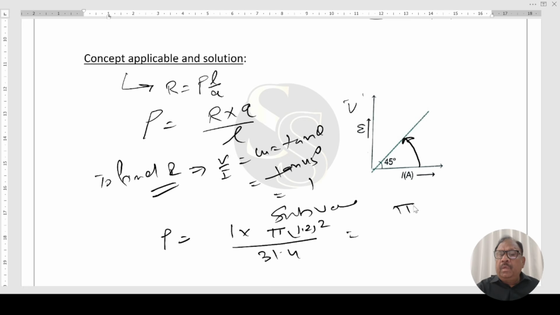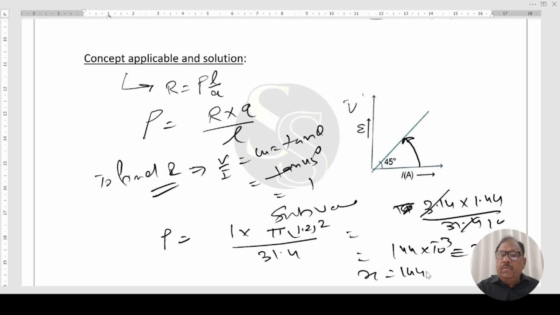That is pi given to us is 3.14 into 1.44 divided by 31.4. This comes out to be 144 into 10 to the power minus 3. This is equal to x into 10 to the power minus 3. So x comes out to be 144. That is the answer. Right? Next question.